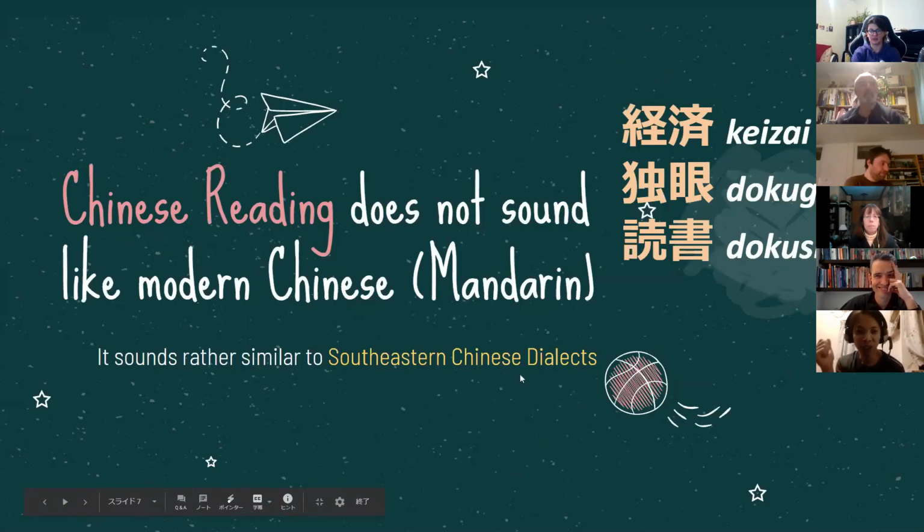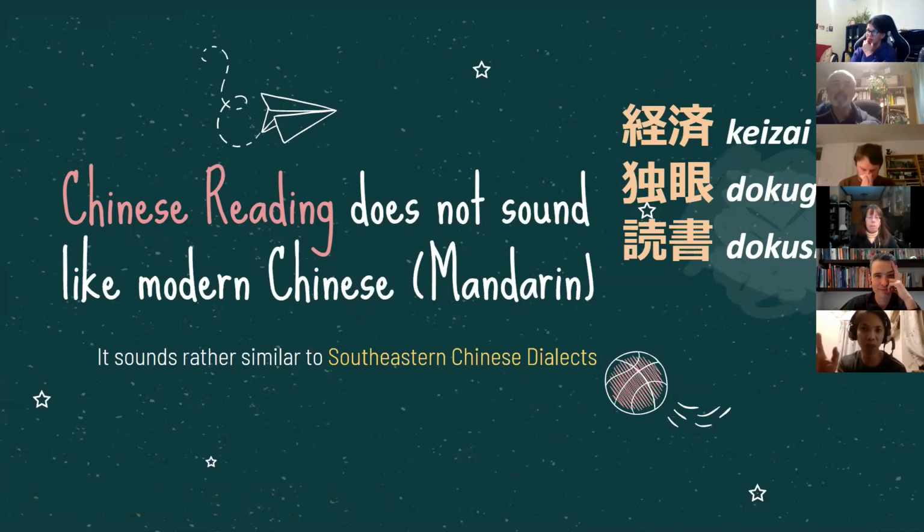The Chinese reading does not sound like modern Chinese, I mean Mandarin, because the Chinese reading, or onyomi, was based on ancient Chinese phonetics. Many of these ancient phonetics are preserved in southeastern Chinese dialects. So the onyomi sounds rather similar to the southeastern Chinese dialects.